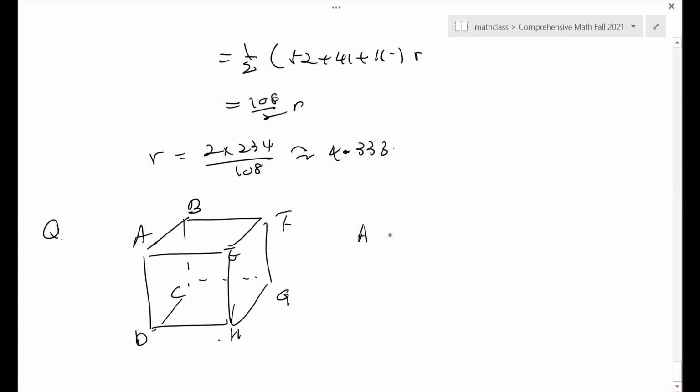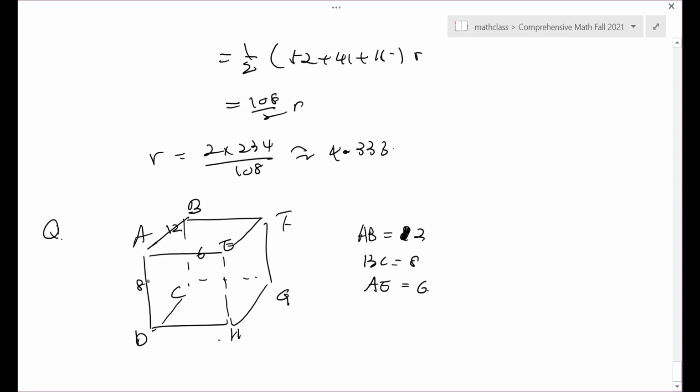First I'll give the dimensions: AB equals 12, BC equals 8, that is the height, and AE equals 6. Where's AE? Okay, this is AE, so this is 6. AB is 12. BC is the height, BC is 8.